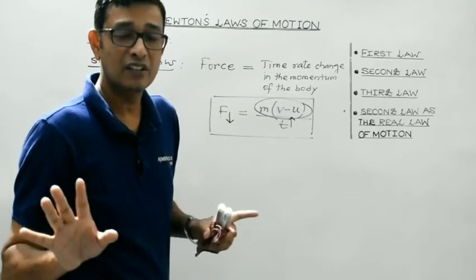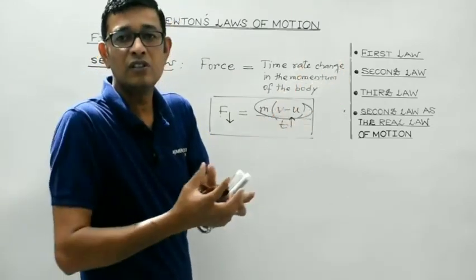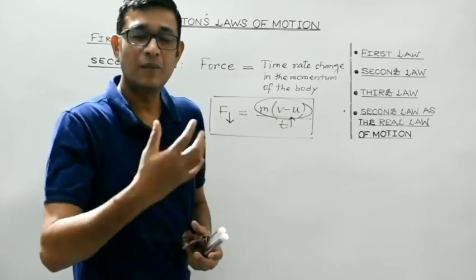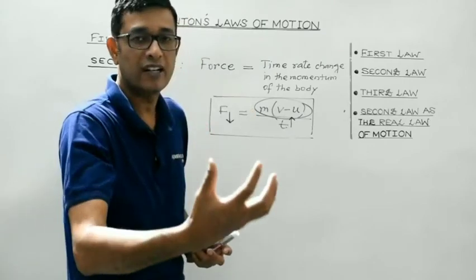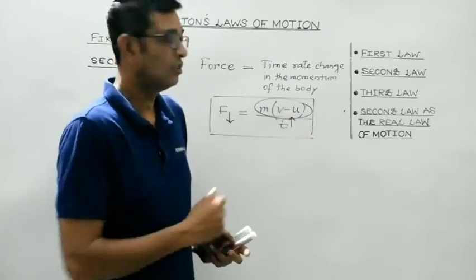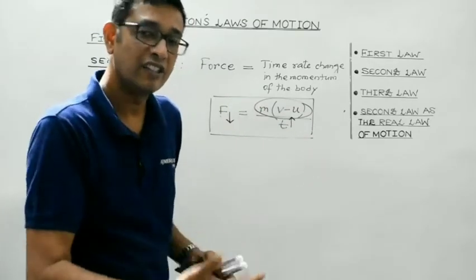Is that clear, students? So, while taking a catch, a player always tends to lower down his hand so that the catch is completed in much more time, so that the change in the momentum takes place in more time. As a result, the impact of force gets greatly reduced.